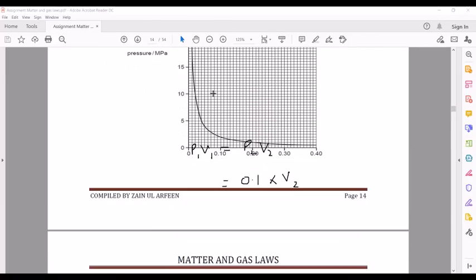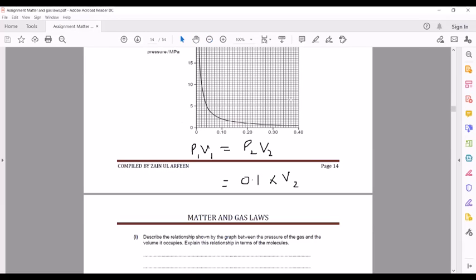This is already in megapascal, because the idea is that P1 V1 equals P2 V2. The final pressure is 0.1 megapascal, but what is the initial pressure and initial volume? So you can take any point on your graph. It's up to you. For example, I took this point.